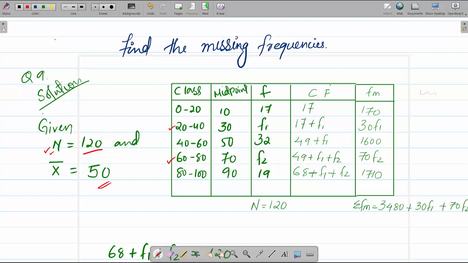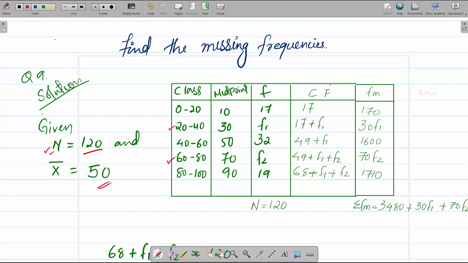So remember what I told you in my previous tutorials, that if you're not asked to calculate by a specific method, or if it is not mentioned there, I have told you all to follow the direct method, which is the easiest method of all, right?